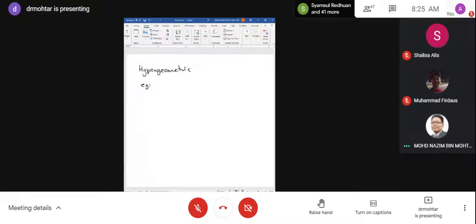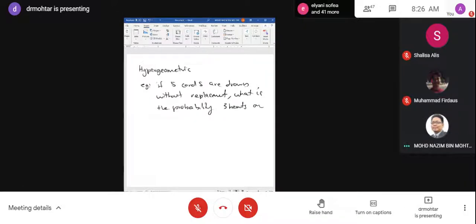For example, if 5 cards are drawn without replacement, what is the probability 3 hearts are drawn?